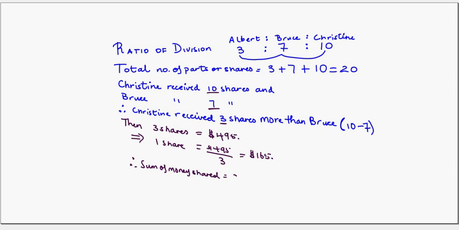So it would be 20 multiplied by $165. Okay, so that'll give you the sum of money to be shared. And when you work that out, you'll get $3,300. Any questions there?